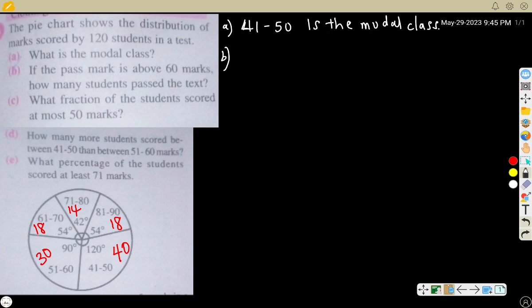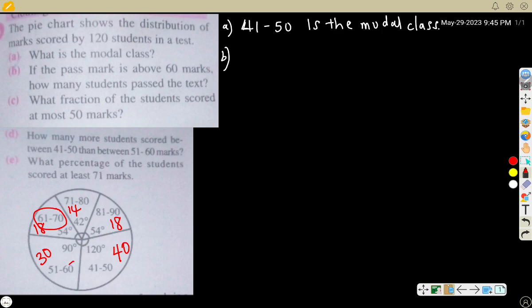If the pass mark is above 60 marks, how many students passed the test? Now, if you look at your pie chart, the pass mark is above 60 marks. 18 students scored 61 to 70. Above 60 means 60 upward.